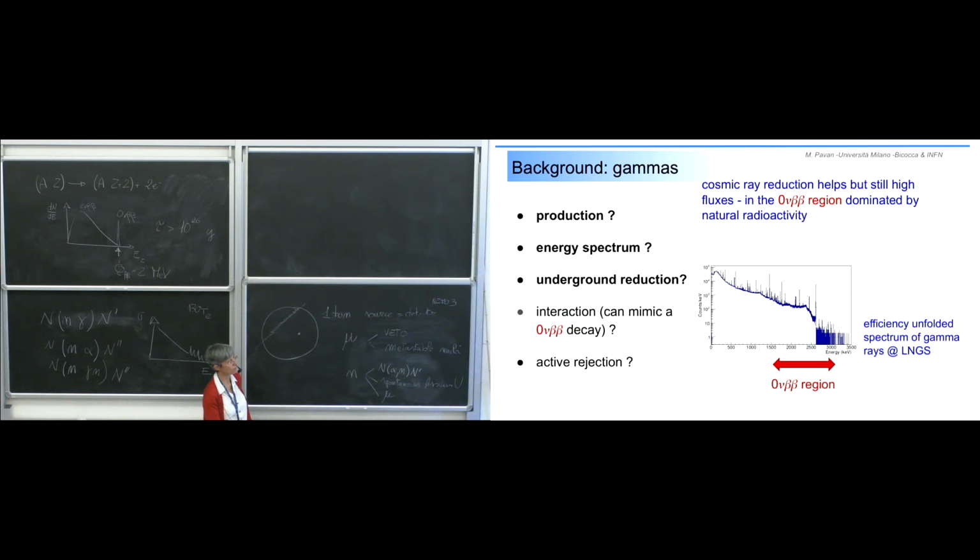Peaks correspond to the gamma lines of environmental radioactivity. And keep in mind, this is not the flux. This is what we measure with a detector. So it's a flux folded with the efficiency of your detector. Okay.